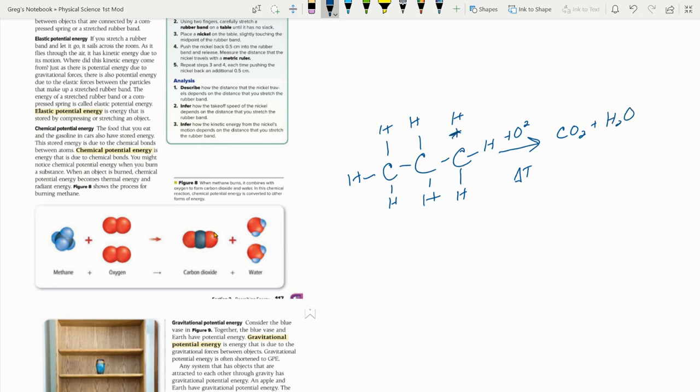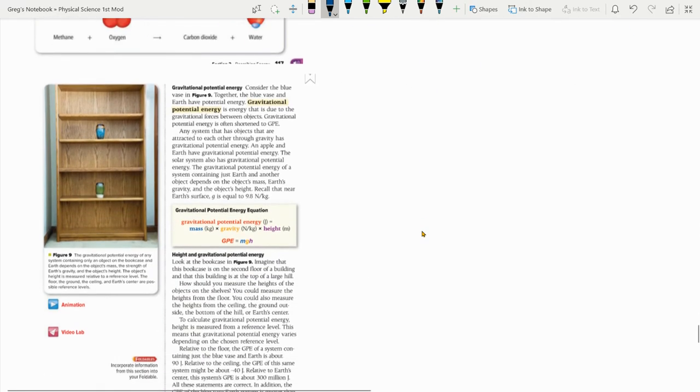When these chemical bonds break, there's a release of energy. If you use a gas grill like I do, that energy is transferred and it heats and cooks your food. So it's chemical potential energy stored in chemical bonds.